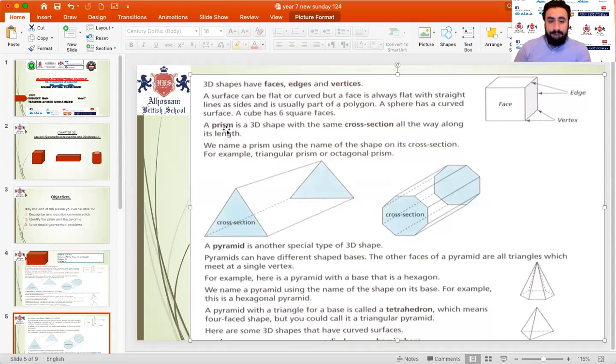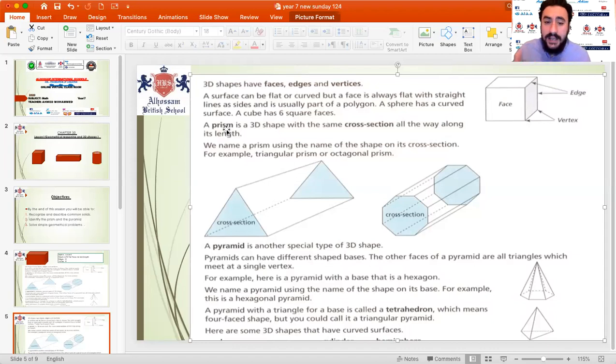Now we are going to talk about prism and pyramid. We have famous 3D shapes like cube, cuboid, cylinder, sphere. And we have something else, which is prism and pyramid.